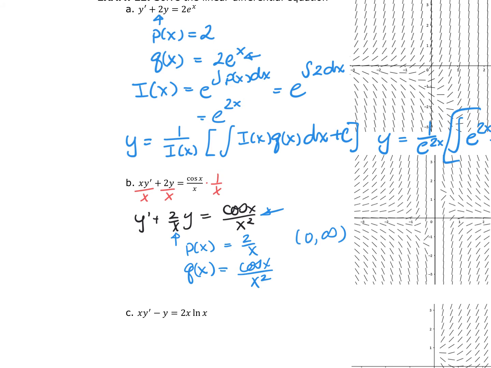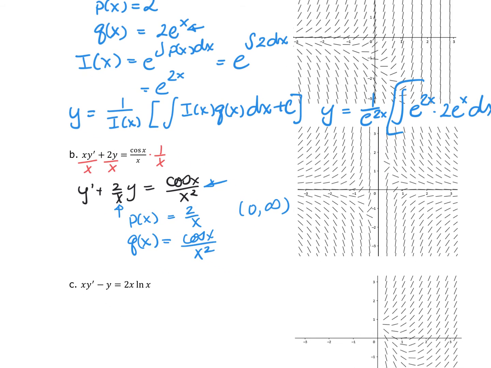Okay, so now I have to figure out what a good integrating factor is going to be. Well, my good integrating factor is going to be I of x is equal to e raised to the integration of 2 over x dx.